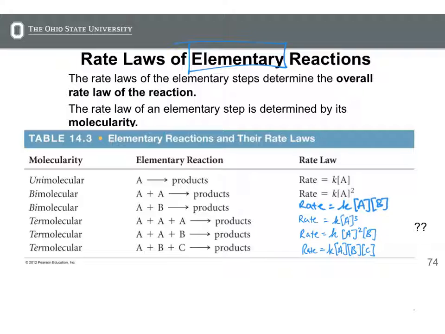So you'll have moles per liter inside the brackets, and then the rate is moles per liter per second, and you have to work it out for K.